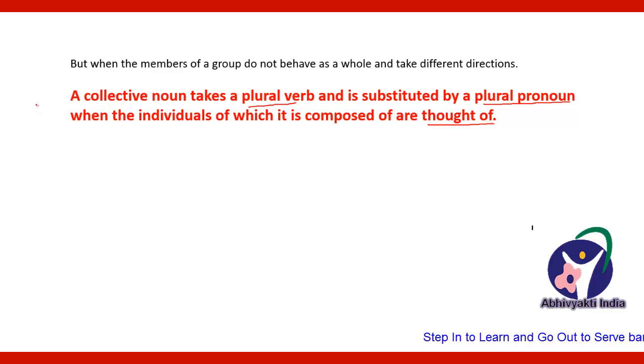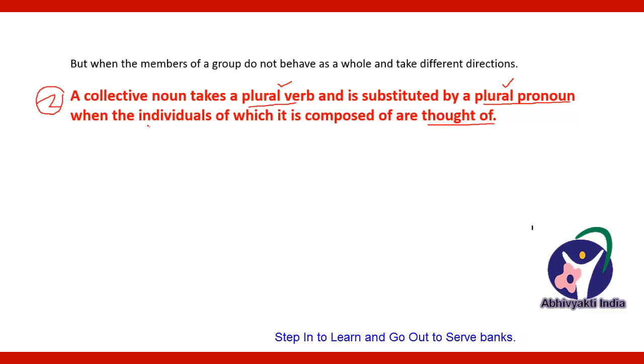So remember, this is rule number 2: a collective noun takes a plural verb and is substituted by a plural pronoun when the individuals act individually and not as a group.